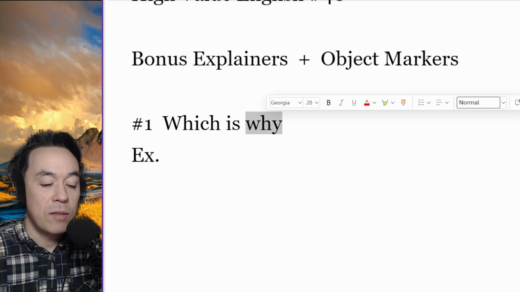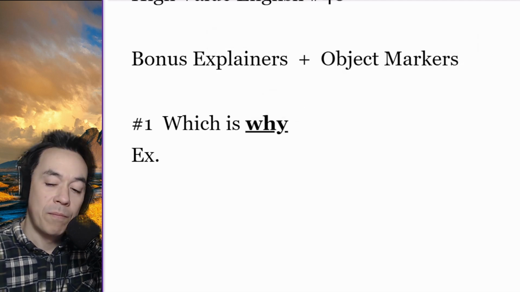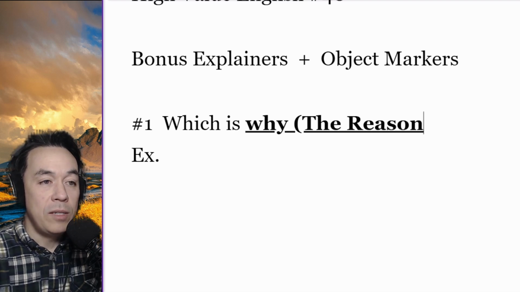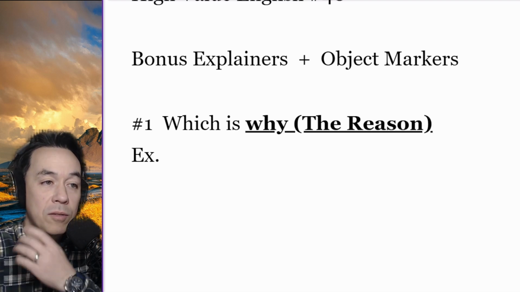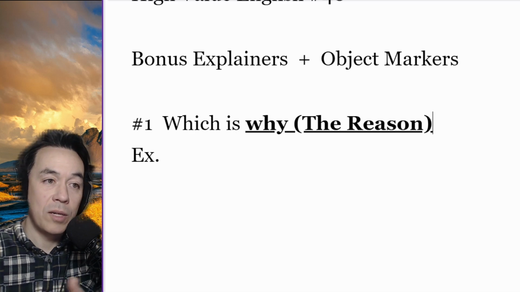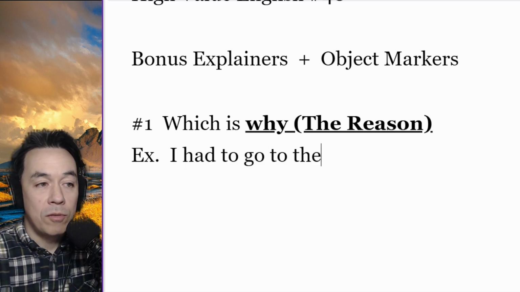In this case, this why, remember from the object markers video, means the reason. So this word why, I want to communicate that this word is the reason, and then it continues to explain what that is. So let's say I had to go to the dentist.